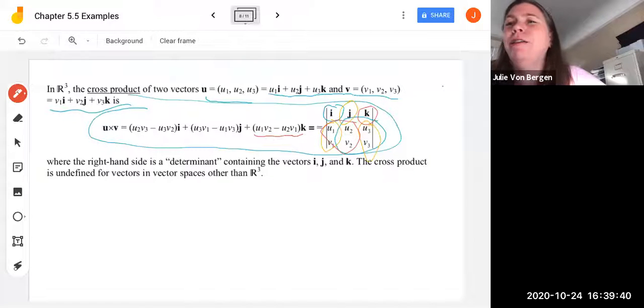So you saw this same calculation when we did our cofactor expansion. And then the right side is a determinant, essentially containing vectors i, j, and k. So the cross product is undefined for vectors and vector spaces other than R3. So this is only in R3 that we have this calculation.